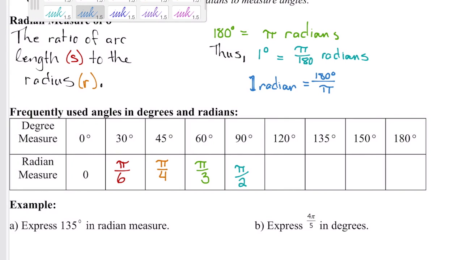And for 120, I always like to think of the reference angle for 120 as 60. So I'm 60 degrees or pi over 3 from 180, which means I'm at 2 pi over 3. This is when I just start thinking of it that way, like how far am I from pi?